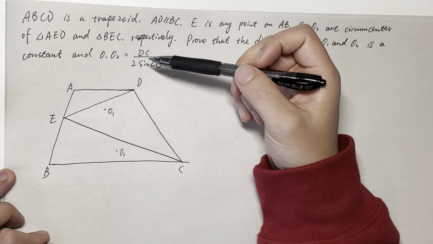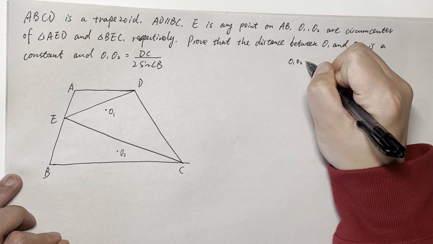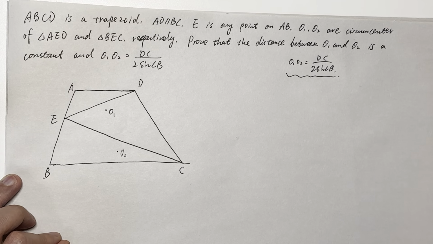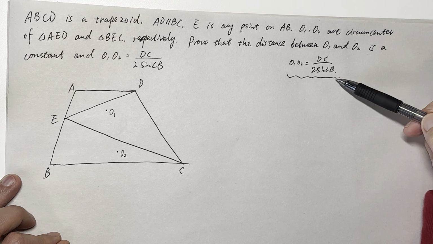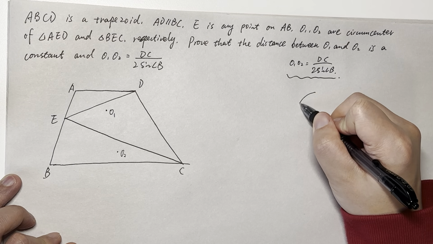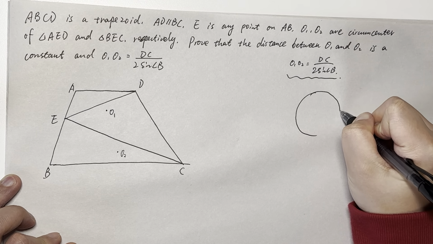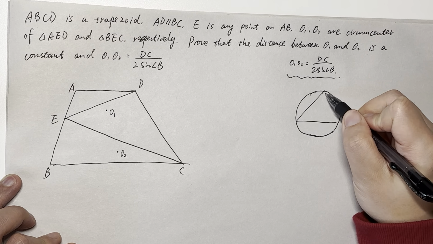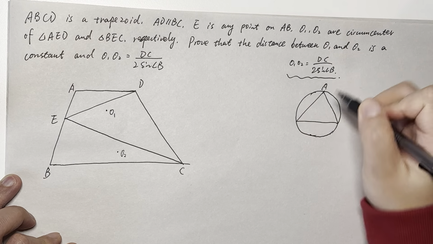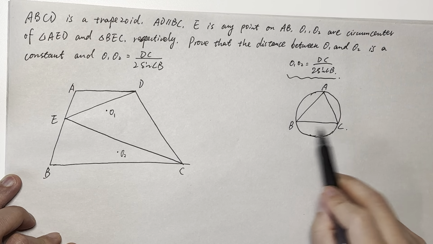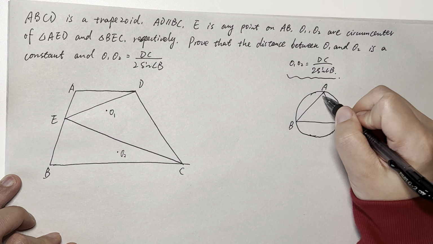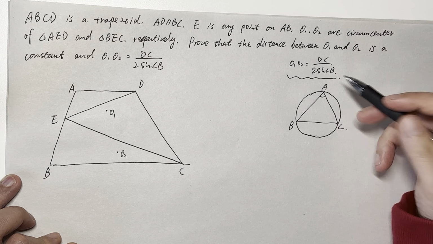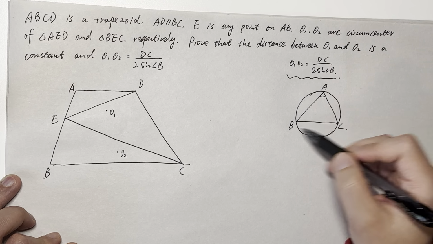Right, the first thing that we look at is O1O2 equals DC divided by 2 sine angle B. We want to prove this. And this should remind us that in a circle, let's assume we have BC as a chord, and we know the circular angle A with reference to the chord BC.